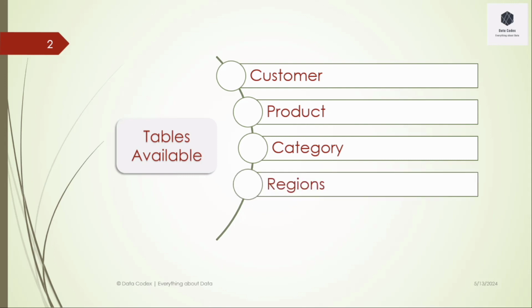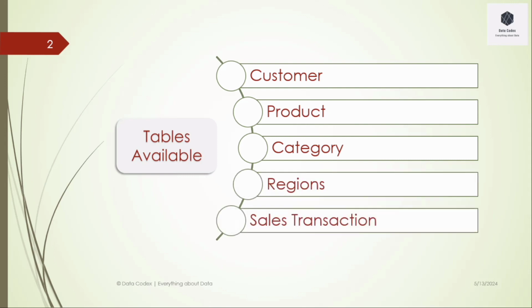We have a region table which contains the region and the country data. And finally a sales transaction table, which is a fact table that contains all the transactions made by the customers for the purchase of the product, and the sales date along with the region data. Based on these 5 tables we are going to solve a few questions in this video.